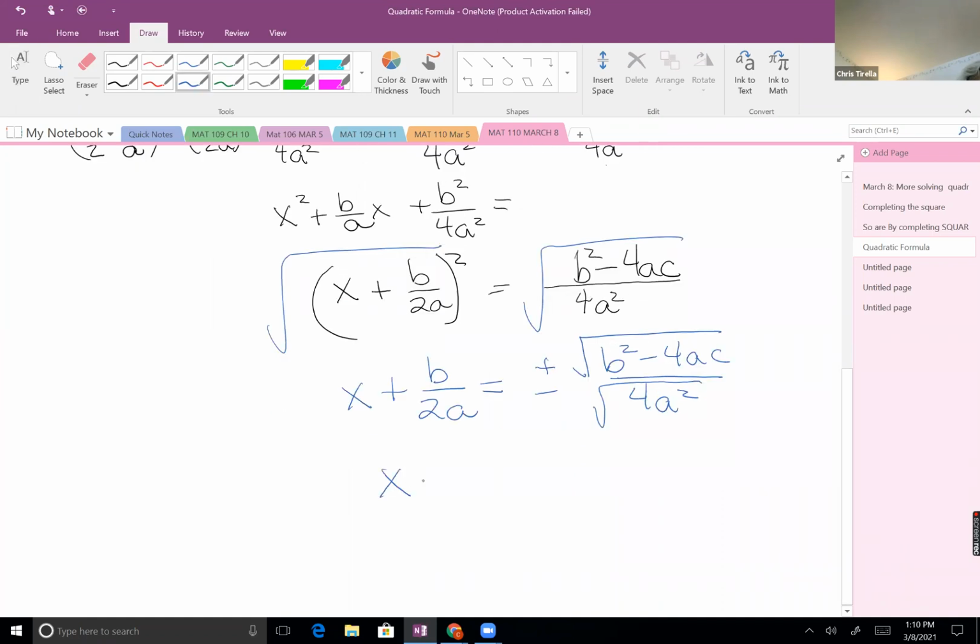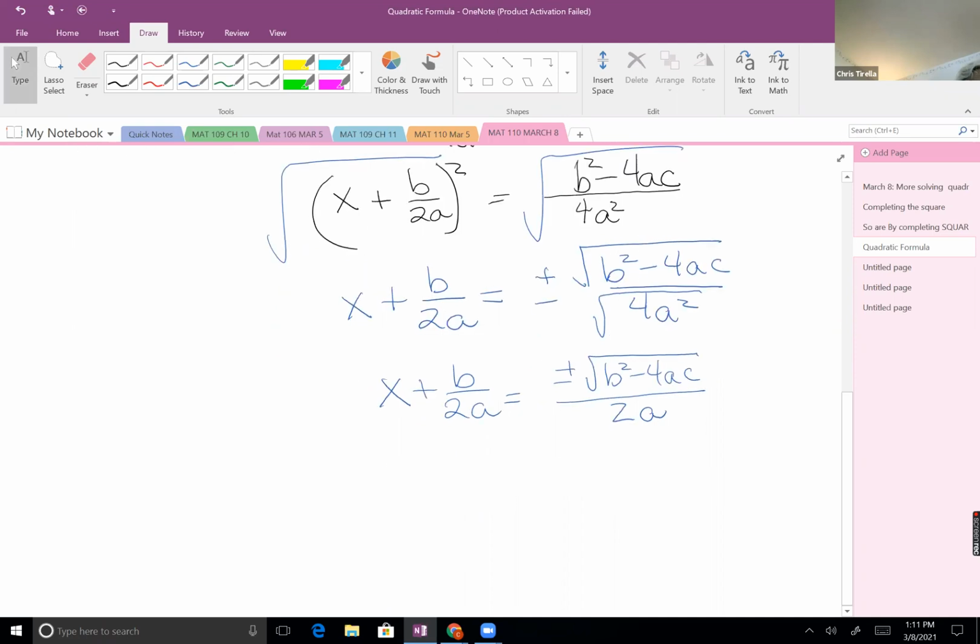So that gives me x plus b over 2a equals plus or minus the root of b squared minus 4ac, and the square root of that denominator would just be 2a. And so now to get x all alone, I'll subtract b over 2a from both sides.